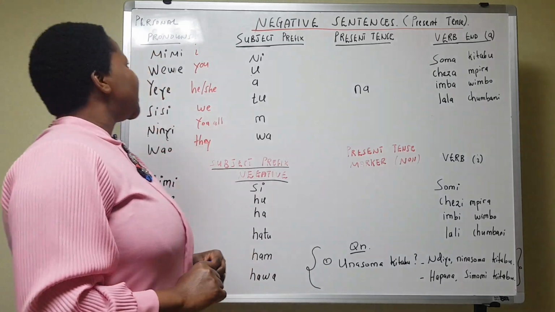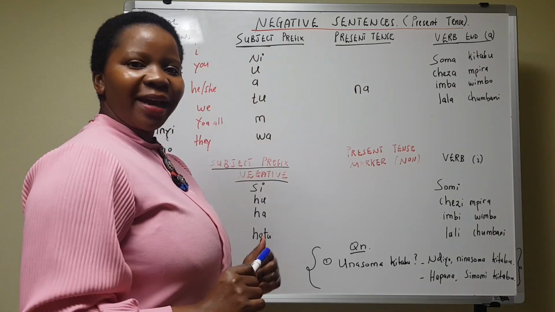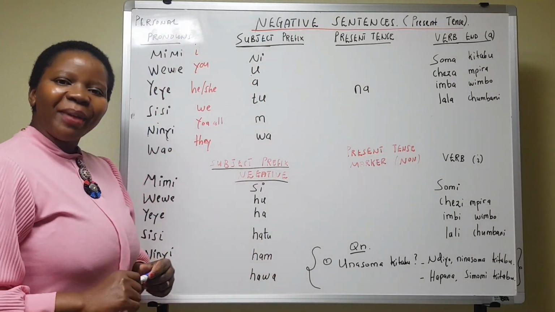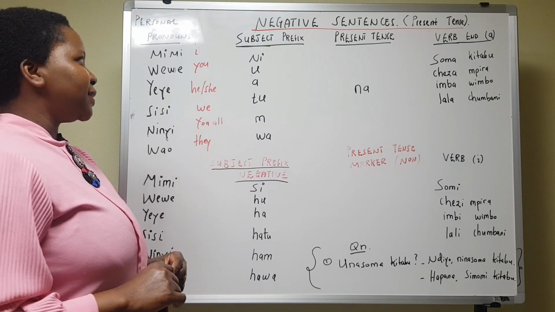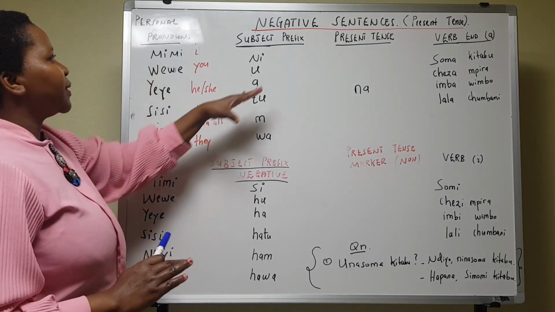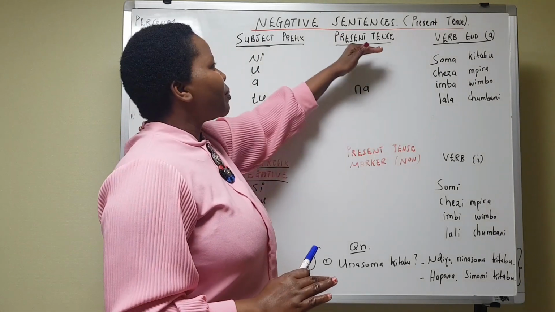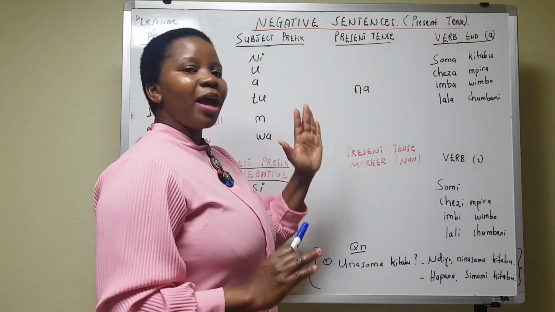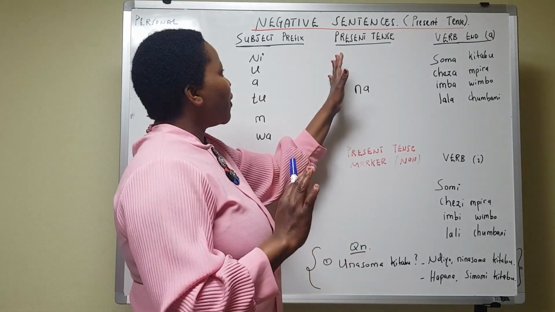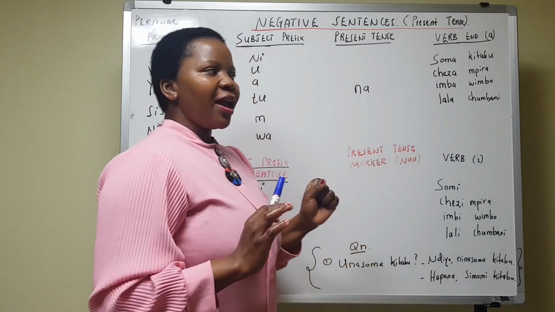Asante sana. So today, as I said, we are going to learn about making negative sentences. So here I have personal pronouns, subject prefixes, and tenses, which is present tense. Today we will focus only on present tense and the verbs, okay?